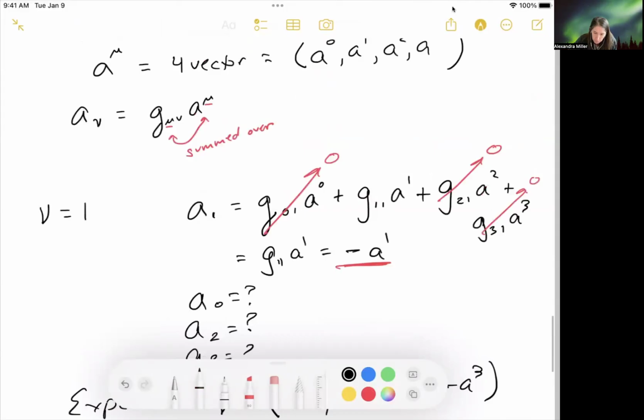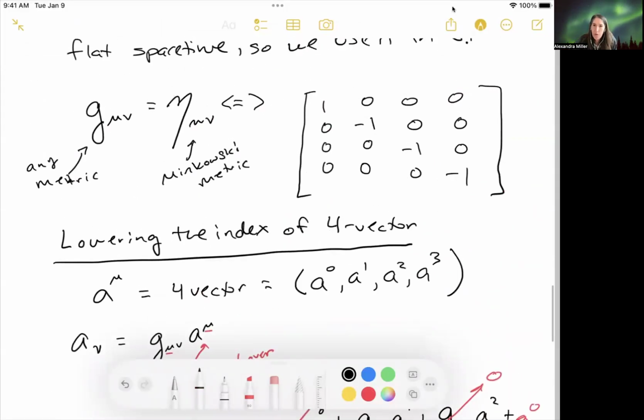Now, I wrote this out as a matrix, and so you might be wondering why I'm not doing matrix multiplication here. Well, actually, we can. I encourage you to try to do the matrix multiplication here to see that we also get the same answer.